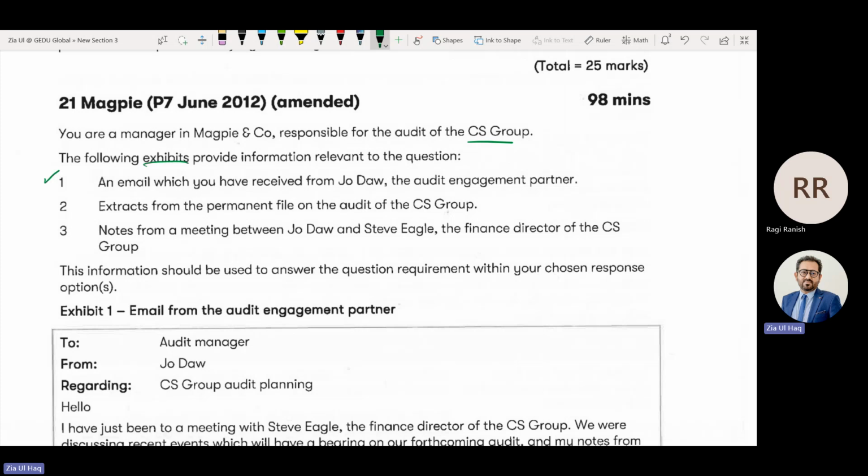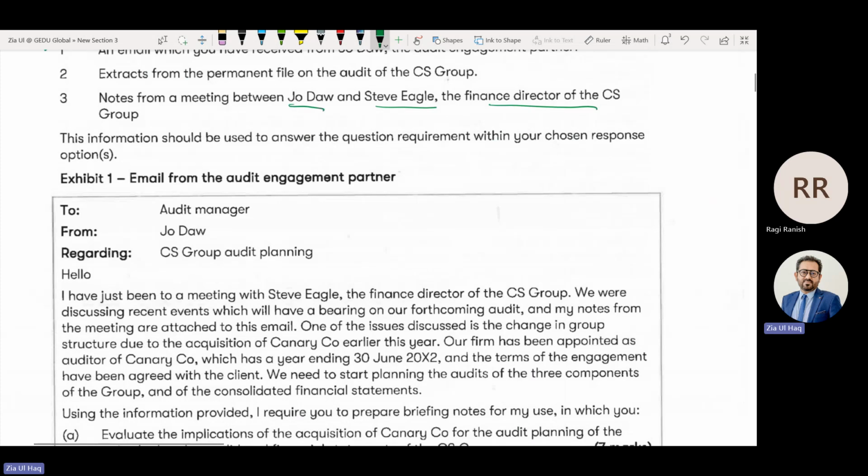And exhibit 3, notes from a meeting between Joe Doff, engagement partner, and Steve Eagle, the finance director of the group. Meaning notes of the meeting, what they discussed with each other. So that meeting's notes we keep in exhibit 3. This information should be used to answer the question requirement within your chosen response options.